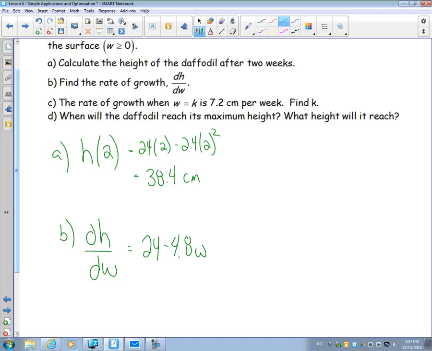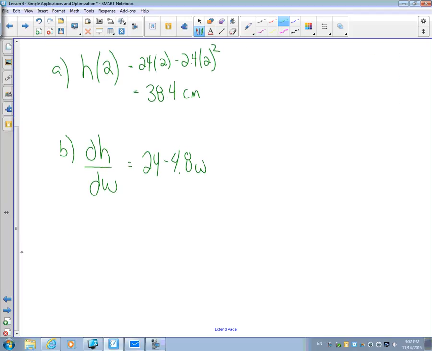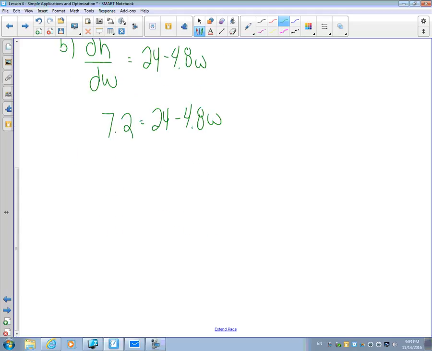Find k. So they're telling us the rate, and we want to know when that happened. Okay, well, dH/dW represents our rate, right? So let's fill that in, and let's solve for the W that goes along with it. So we'll get 7.2 minus 24 equals negative 4.8W.